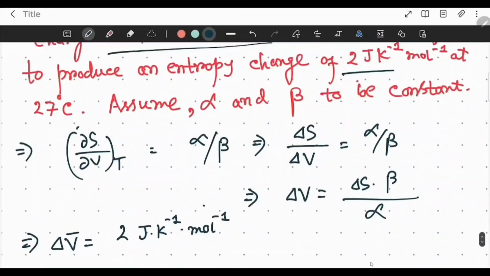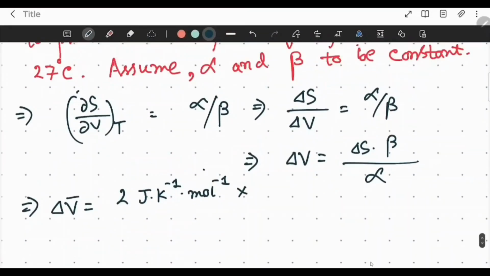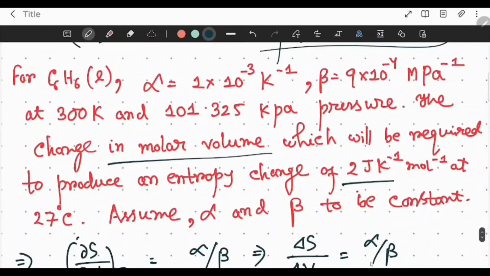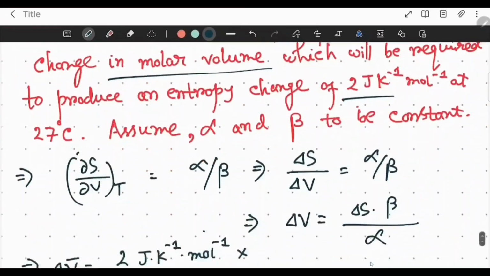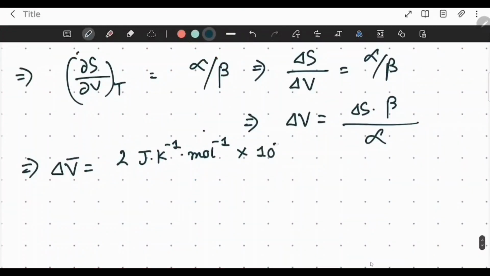Okay, alpha and beta. What is alpha? Alpha is 10 to the power minus 3 Kelvin inverse. So alpha is in the denominator.